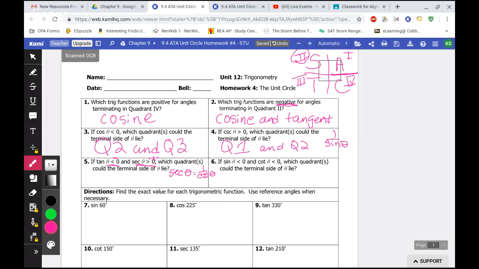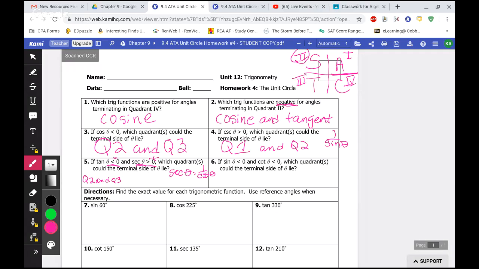So that means it's going to be negative in quadrant 2 and quadrant 3. Okay, so this is where it's negative. And secant, which is 1 over cosine, we're looking for where it's positive. So where is cosine positive? It's quadrant 1 and quadrant 4. So I feel like I just did something wrong.